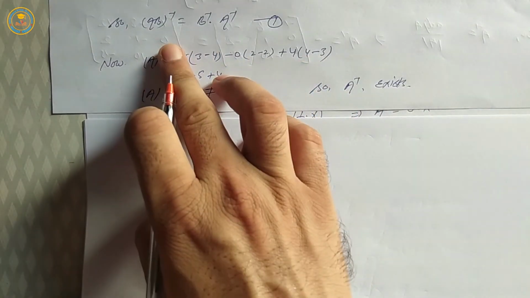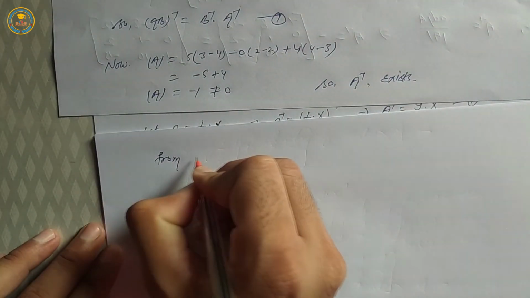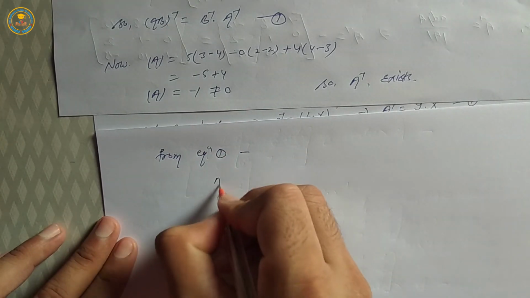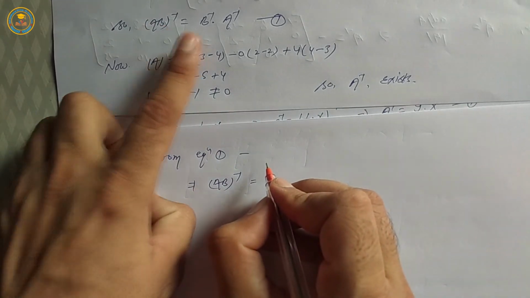From equation first, AB inverse is equal to B inverse into A inverse.